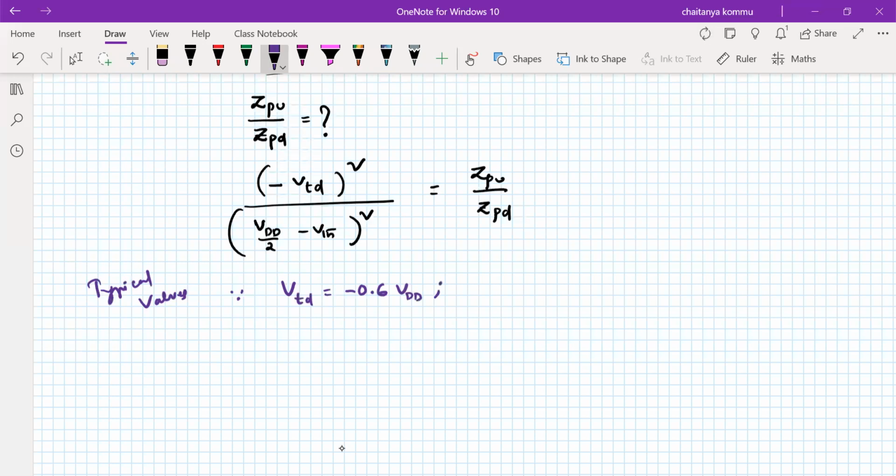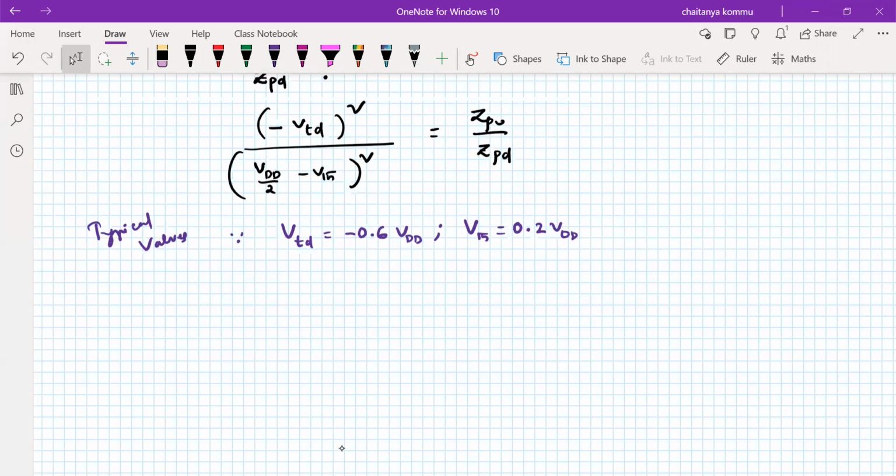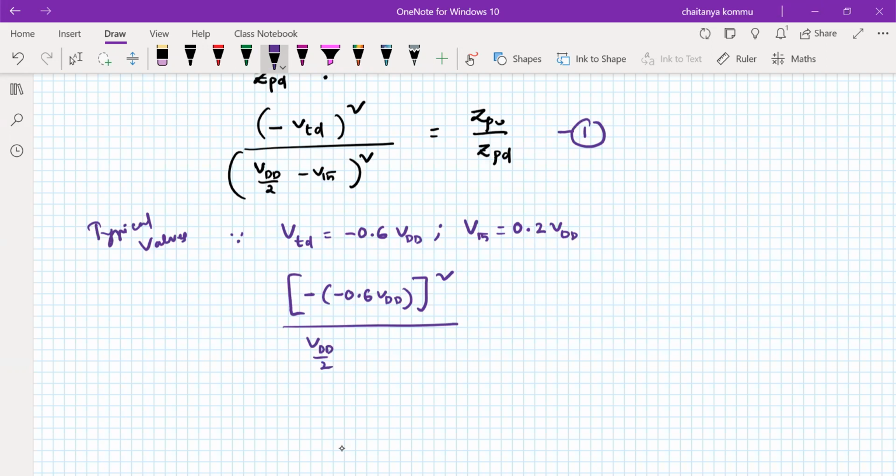Okay, now VTH is nothing but 0.2 times VDD. Generally 0.2 times VDD it will be for an nMOS transistor. Okay, so how do we write it now? If we substitute this in equation number 1, minus 0.6 times VDD whole square divided by VDD divided by 2 minus 0.2 times VDD.